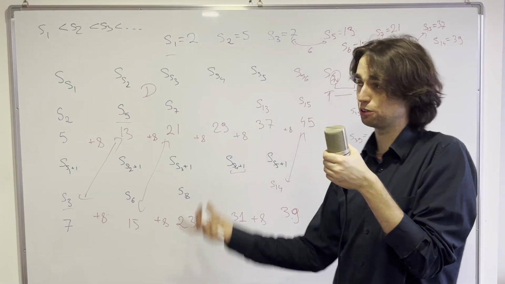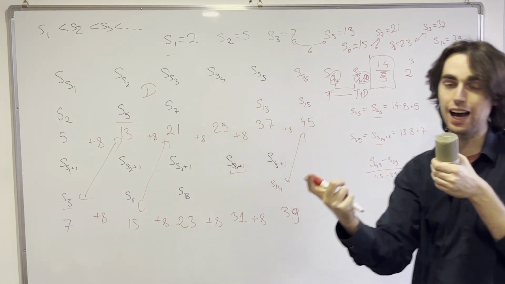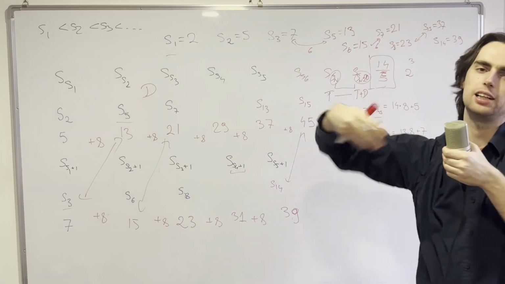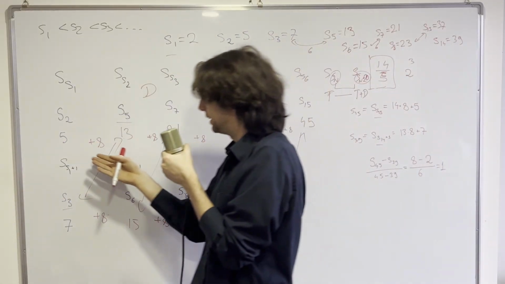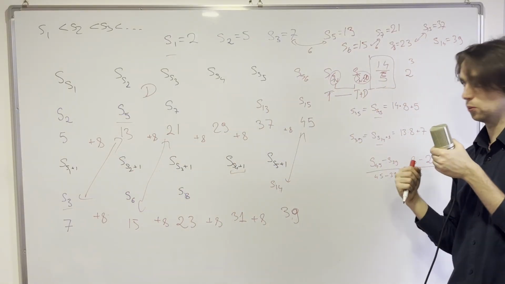And that's a contradiction, which also means this distance between two successive SIs is bounded from both directions. So it can't get as big as you want it to get. It's pretty much bounded by, in this case, an 8, and it can't get as small as you want it to get.